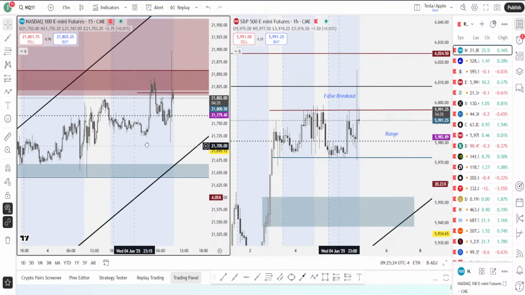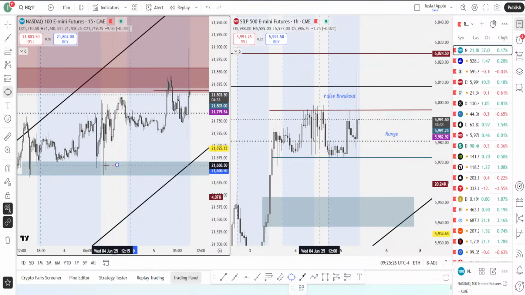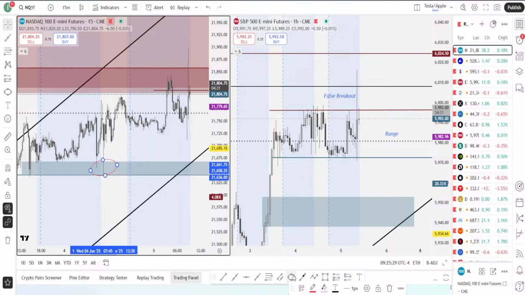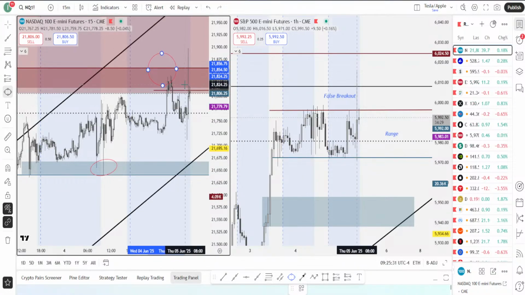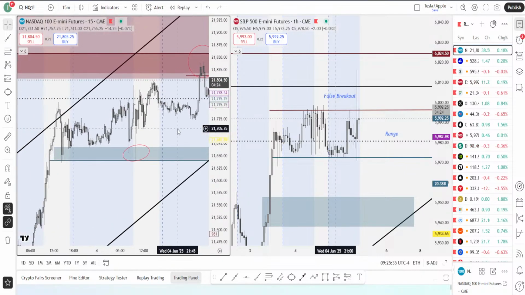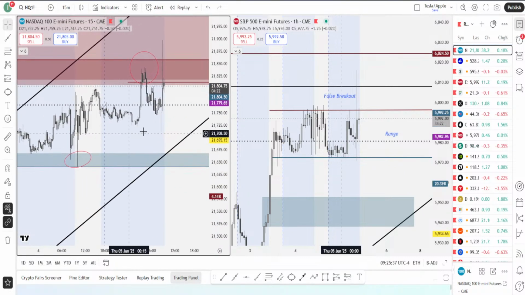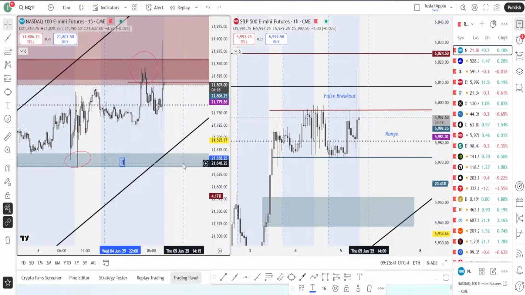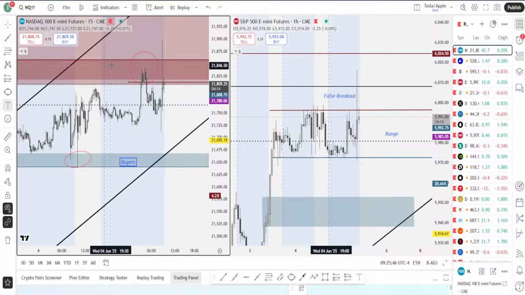Okay, so pretty much we have these areas of demand down below. We got areas of supply up above. You got buyers down here. We got sellers up here.